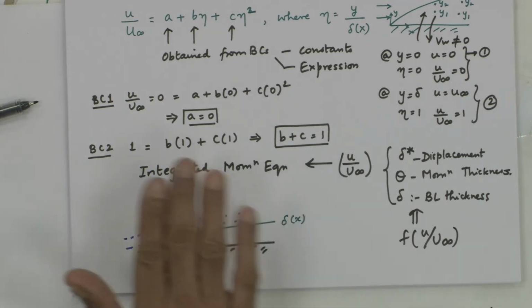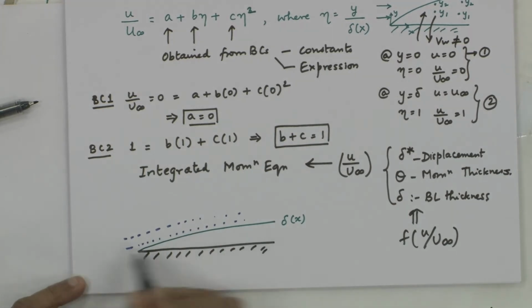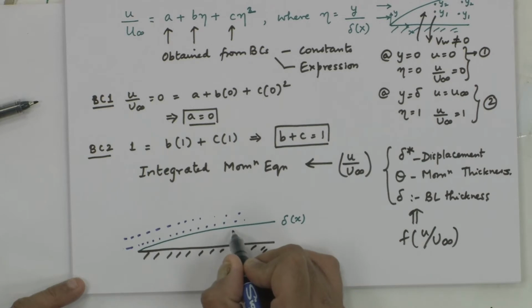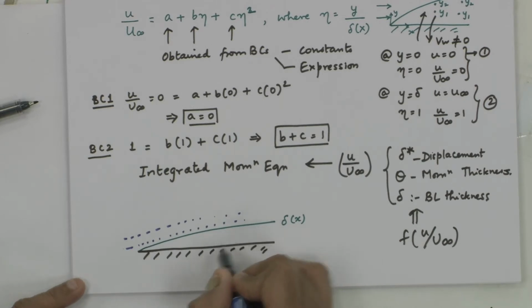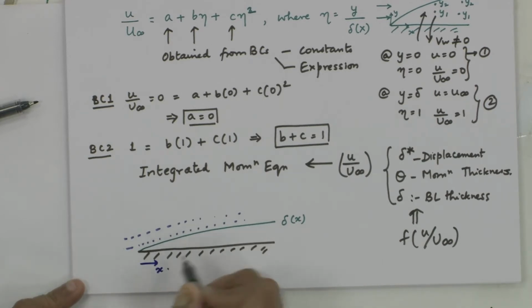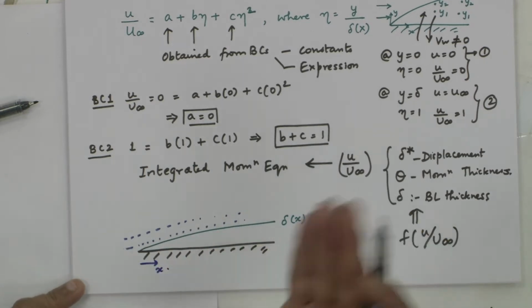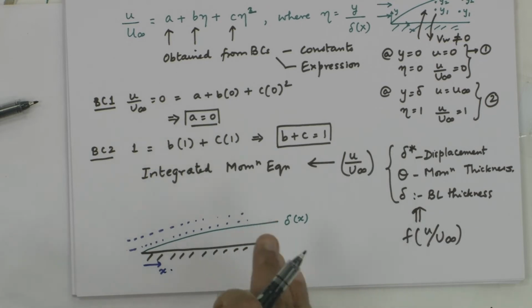If there were no boundary layer, all the streamlines would be parallel to the plate, but because there is a boundary layer whose thickness is increasing along the flow direction, the streamline here is deflected by a small amount, and that deflection from the wall which is there because of the boundary layer is called the displacement thickness.